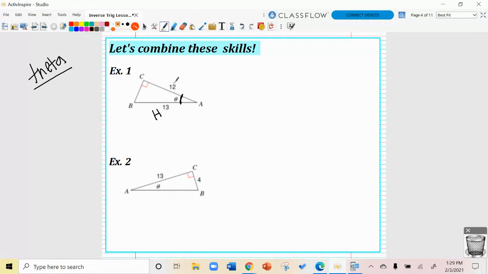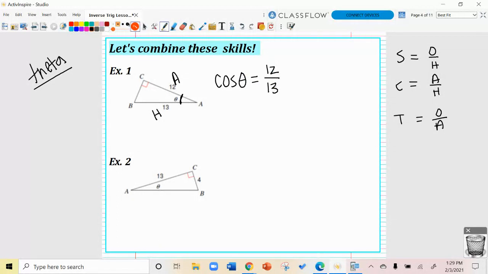Here's theta, my reference angle, and this is adjacent. Well, I know sine is opposite over hypotenuse, I'm going to abbreviate here. Cosine is adjacent over hypotenuse, and tangent is opposite over adjacent. I have adjacent and hypotenuse, so I'm going to be saying the cosine of theta equals 12 over 13.